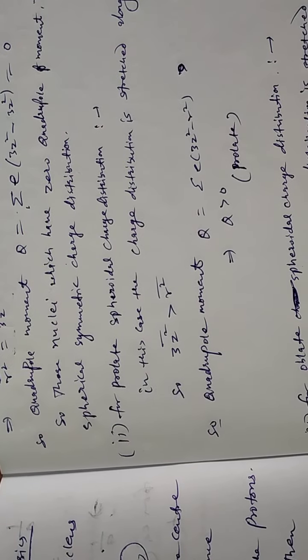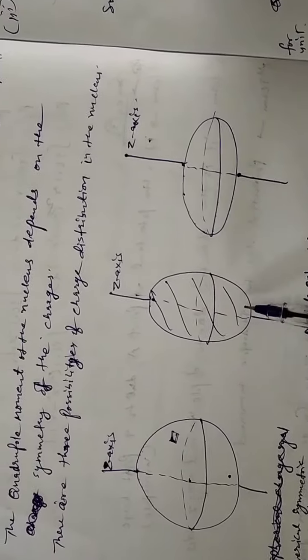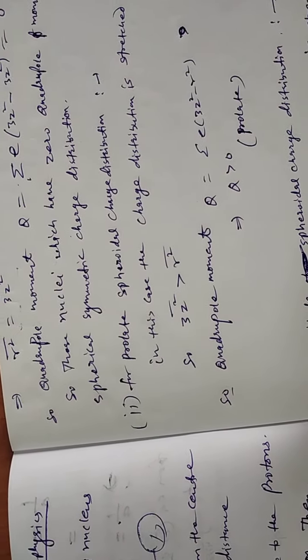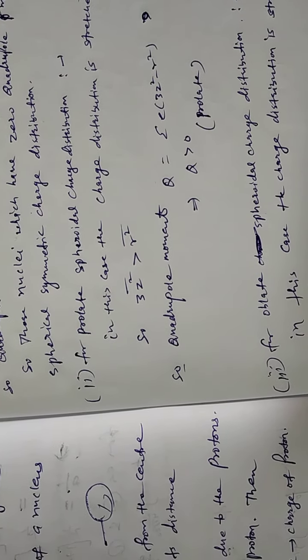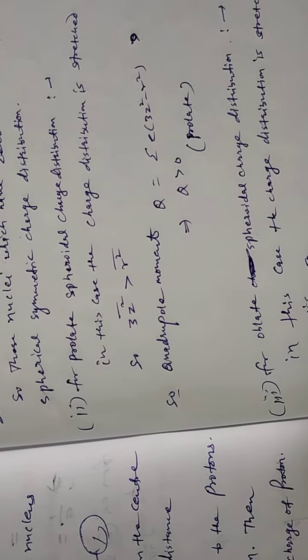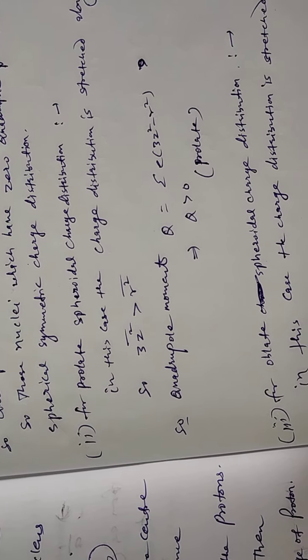Second case, in which the charge distribution is stretched along the z direction. In this case, 3z square is greater than r square, since it is stretched along the z direction.